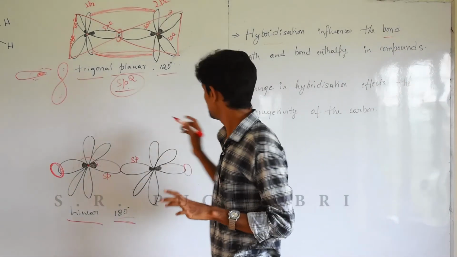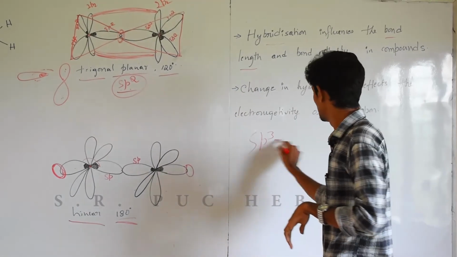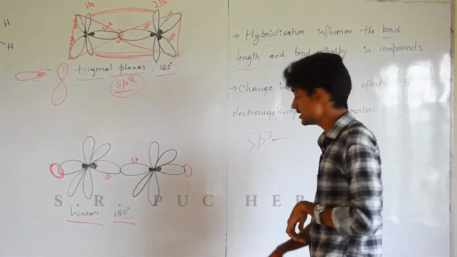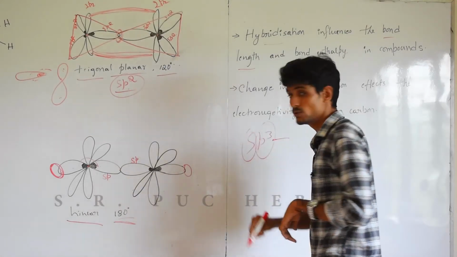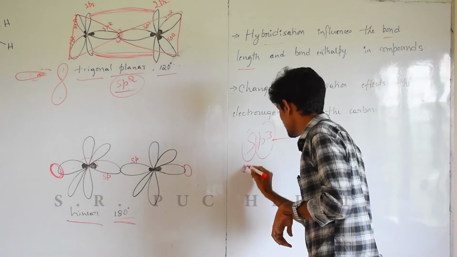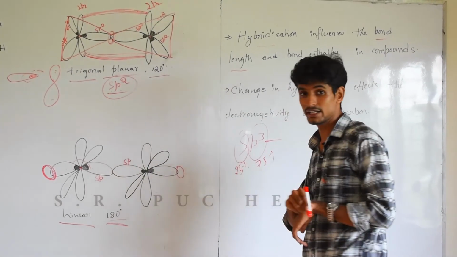In sp3 hybridization, the s character is less and the p character is more. That is 25% s character and 75% p character.